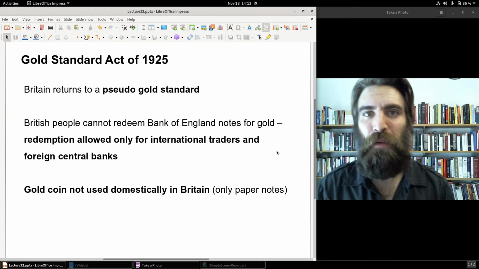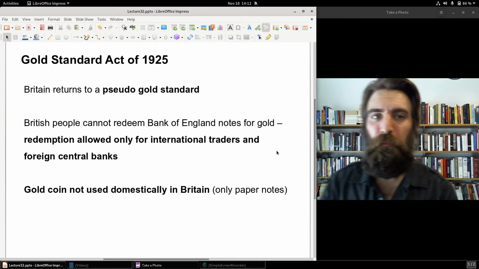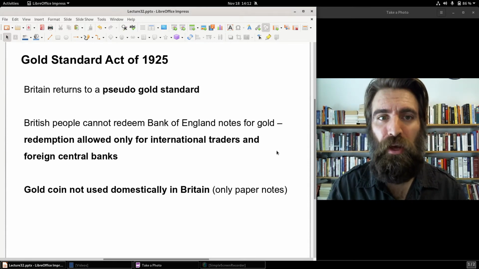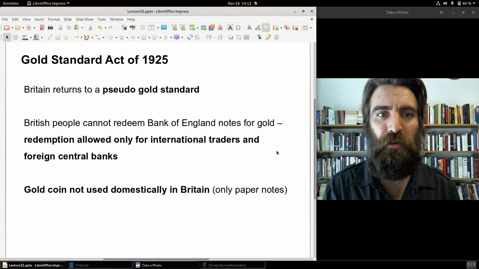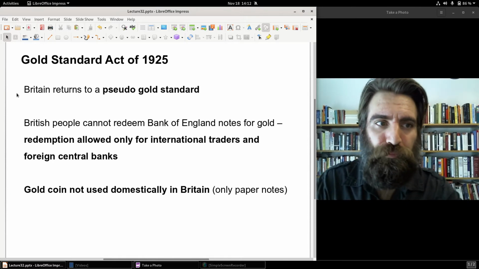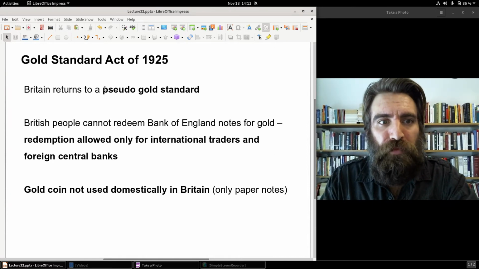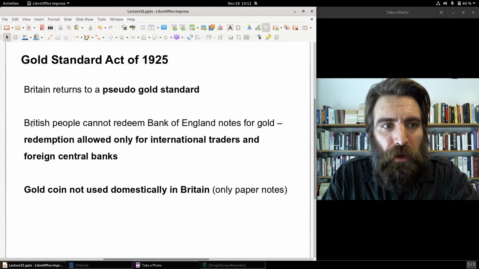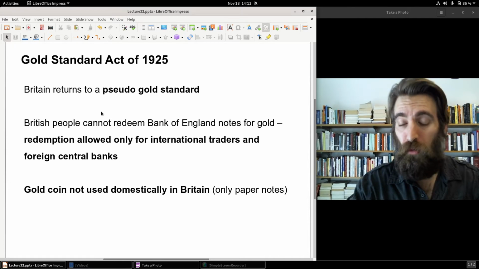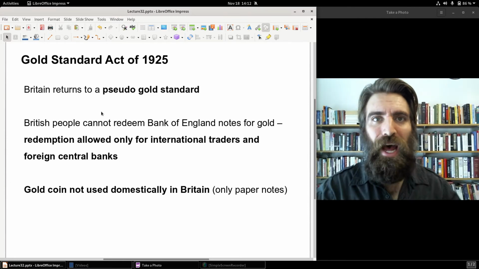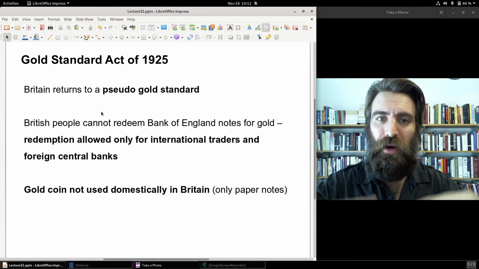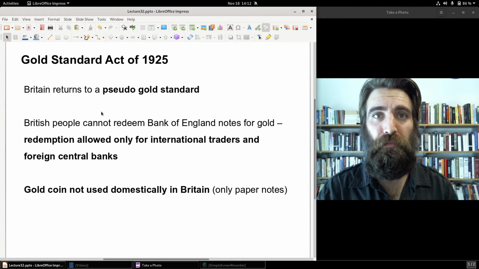it's not the same as the old gold standard. Besides the fact that the pound is very overvalued at $4.86 a pound, it's not a full gold standard. According to the Gold Standard Act, British people, just ordinary men and women, did not have the right to simply go to a bank counter and redeem their notes for gold.